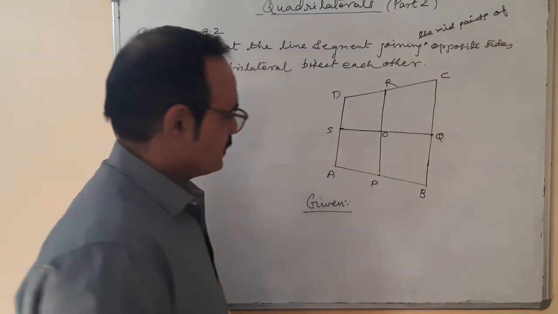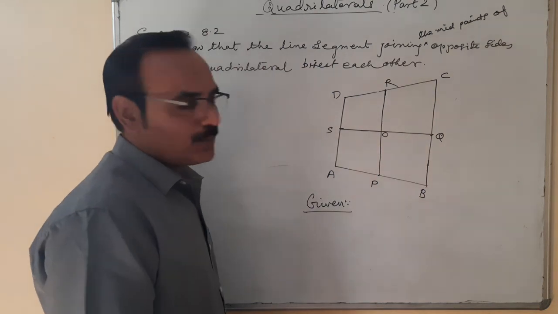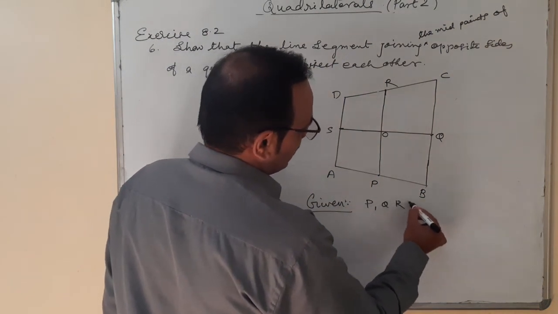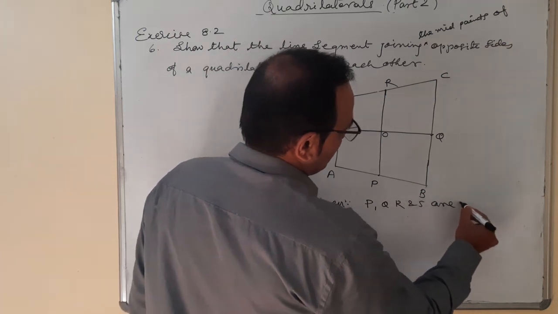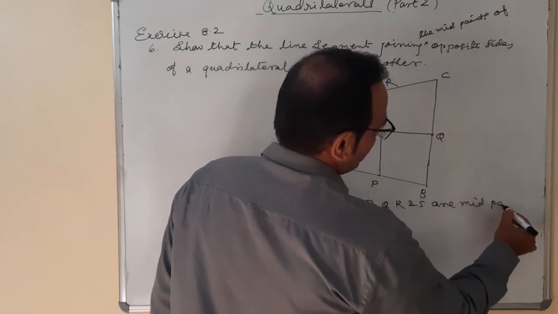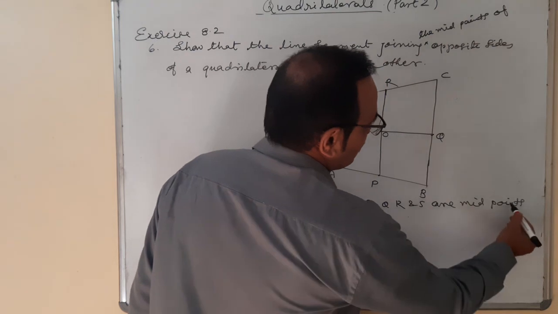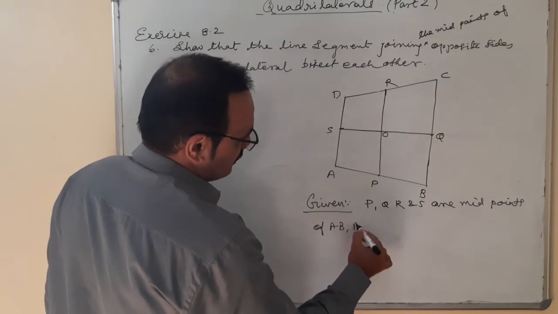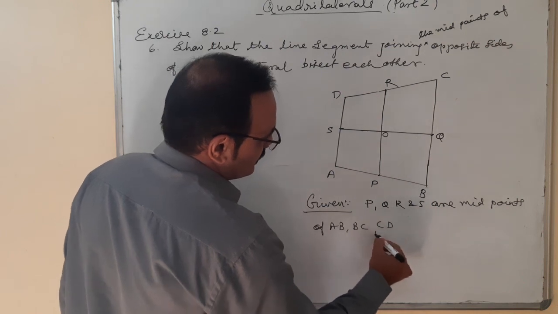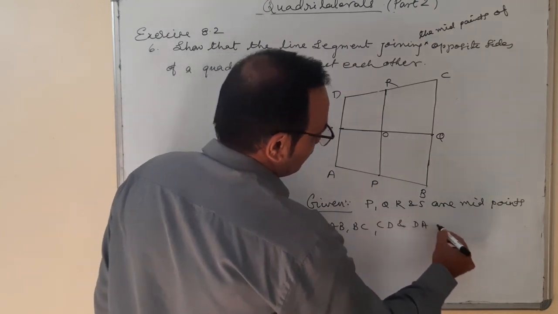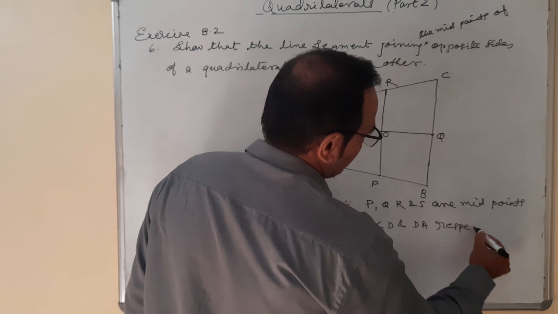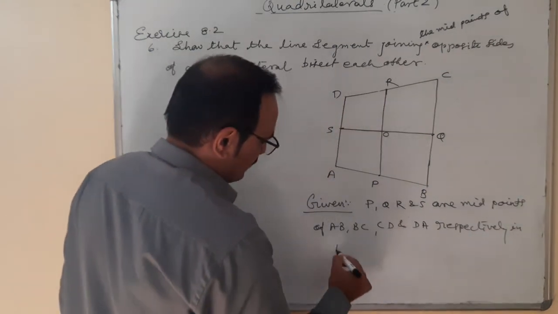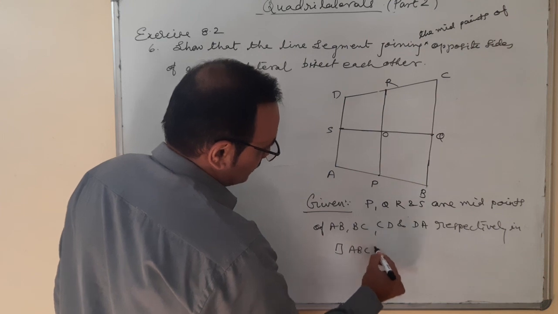These are the midpoints. So in the given part, I am simply writing here: P, Q, R, and S are midpoints of AB, BC, CD, and DA respectively in quadrilateral ABCD.